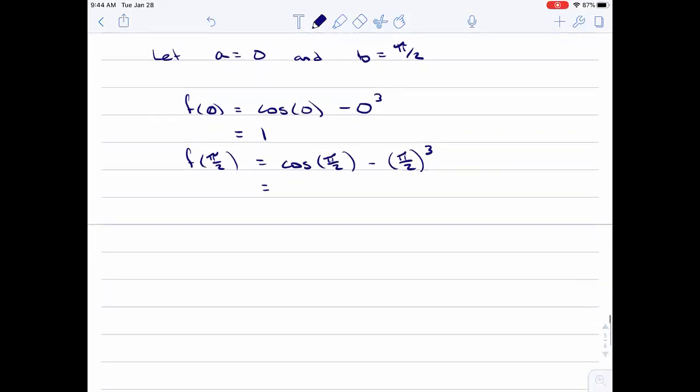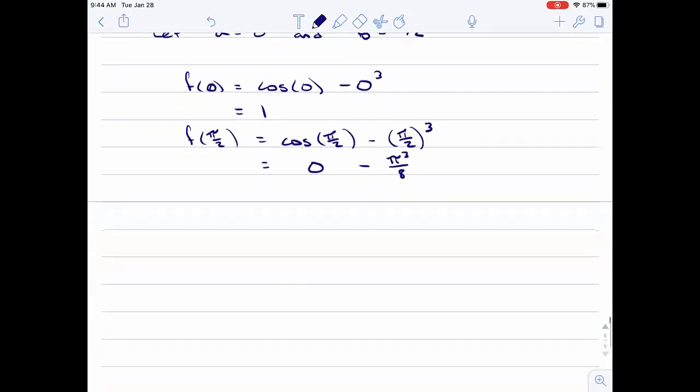Now we get 0 minus pi to the 3 over 2 to the power of 3 is 8. 0 minus something puts me at a negative number, and so I get negative pi to the 3 over 8.